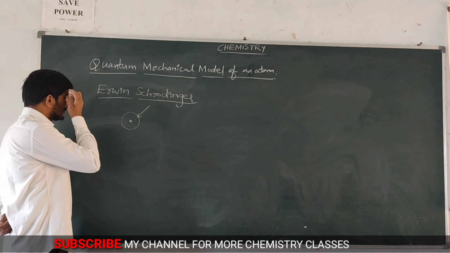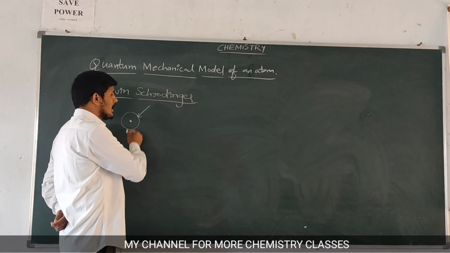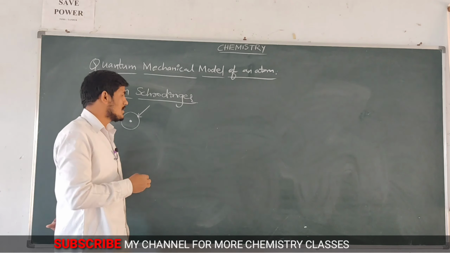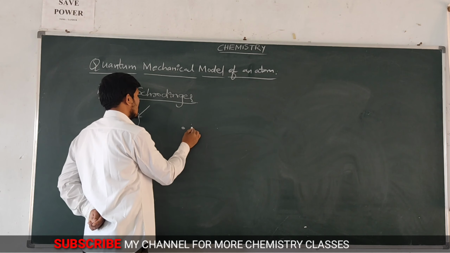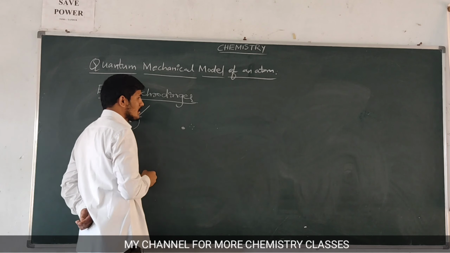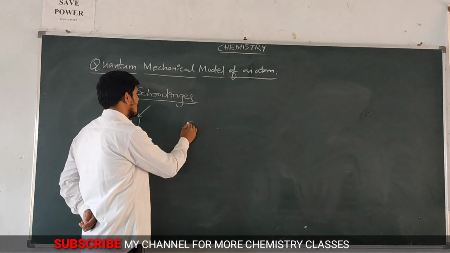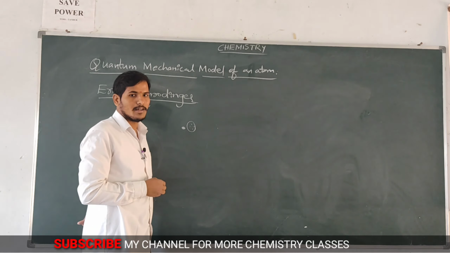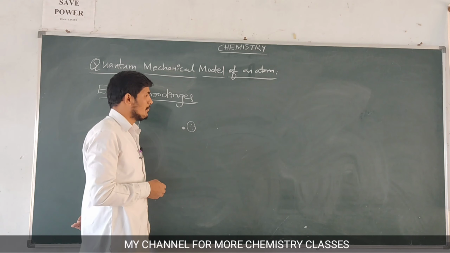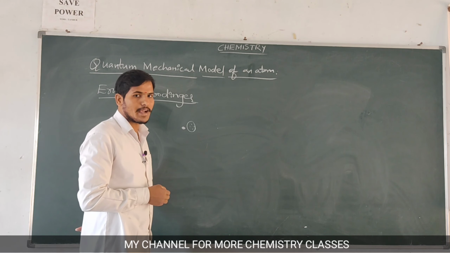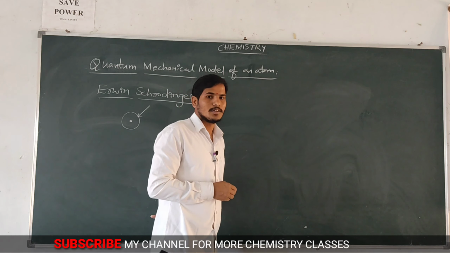So based on this concept, Erwin Schrödinger said that electrons are not revolving around the nucleus in a circular path; electrons are present around the nucleus where the empty space is present. The place outside the nucleus where electrons are present is called an orbital.